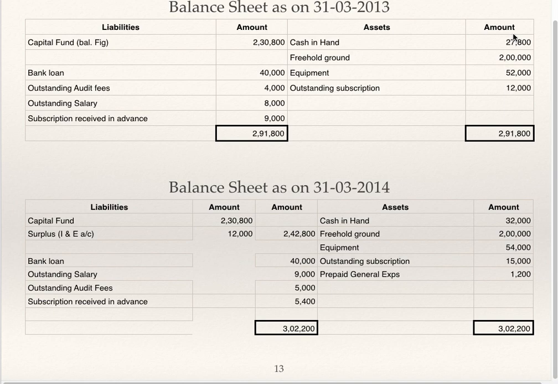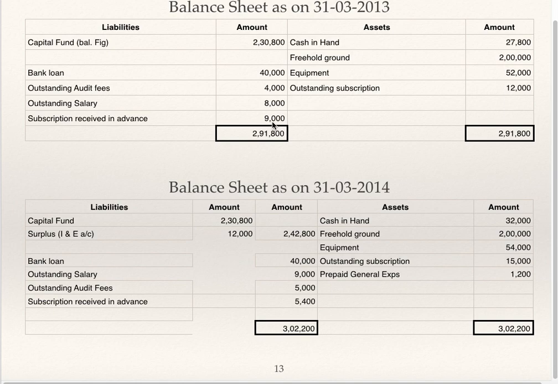Just now I have told you the receipt and payment account balancing figure: opening cash, freehold ground, equipment, outstanding subscription, bank loan, outstanding audit fees, outstanding salaries, subscription received in advance. All these are opening figures. Capital fund is the balancing figure.